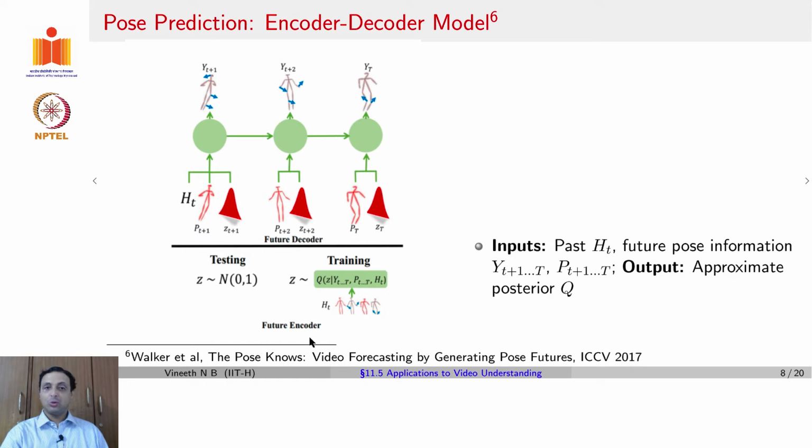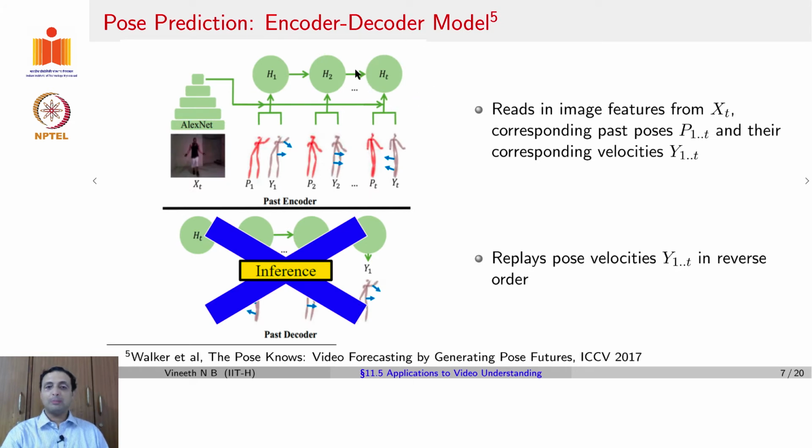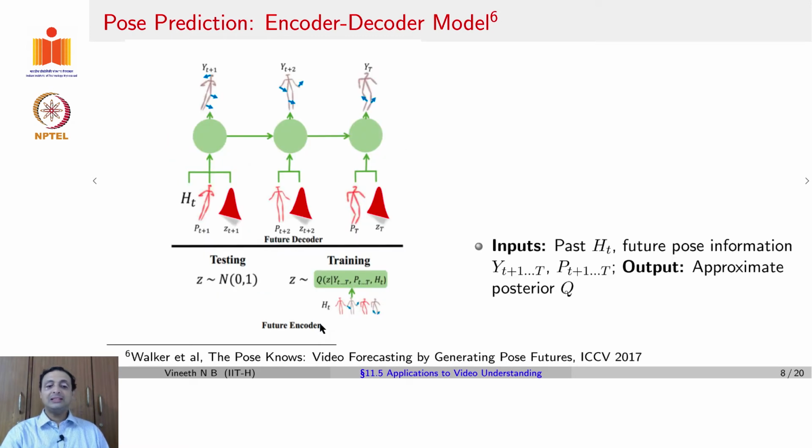In a future encoder, ht is given as input. ht is what we got out of the past encoder, the output of the past encoder. That is given as input to the future encoder. So the future encoder receives past ht, future pose information yt+1 to capital T, which are your velocities, and pt+1 to capital T, which are the pose skeletons that you see here.